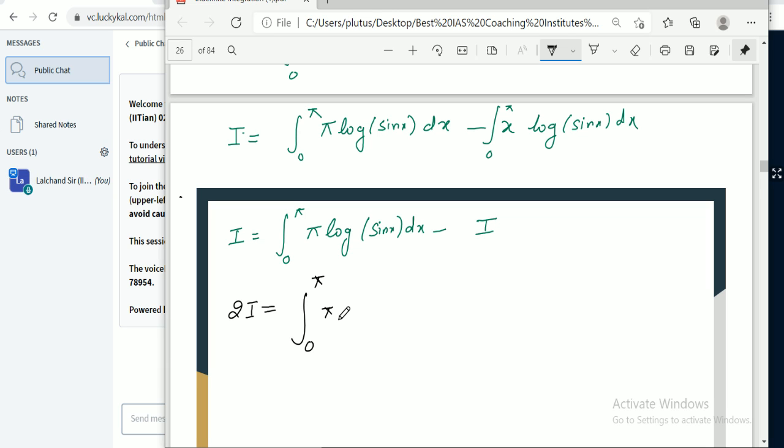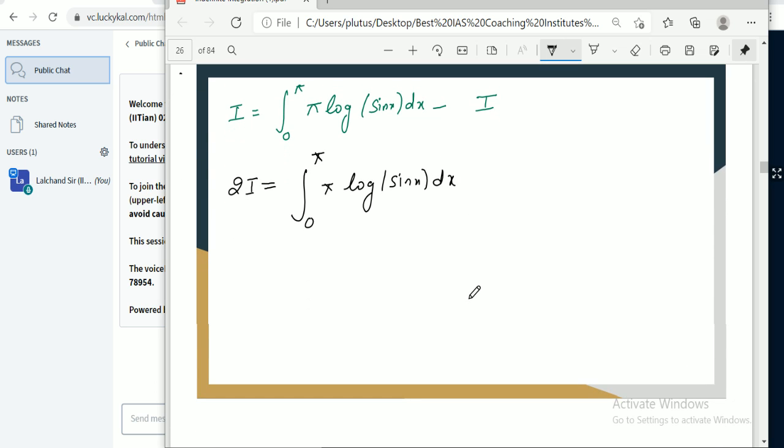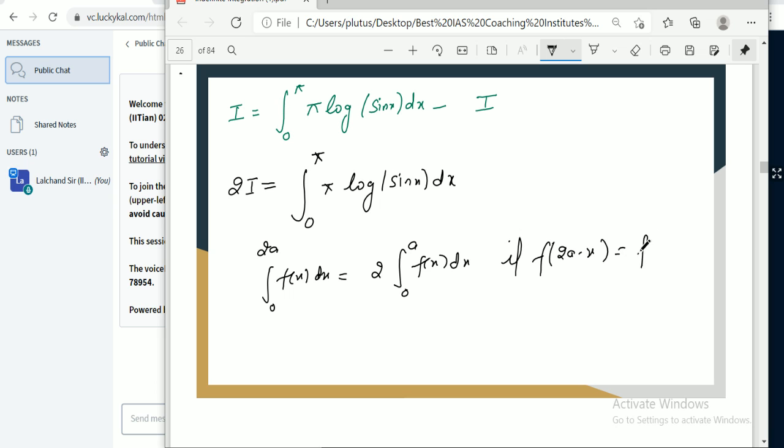So we can write pi log sin x dx. Now we apply the property that the integral from 0 to 2a of f(x) dx is equal to twice the integral from 0 to a of f(x) dx if f(2a minus x) equals f(x).